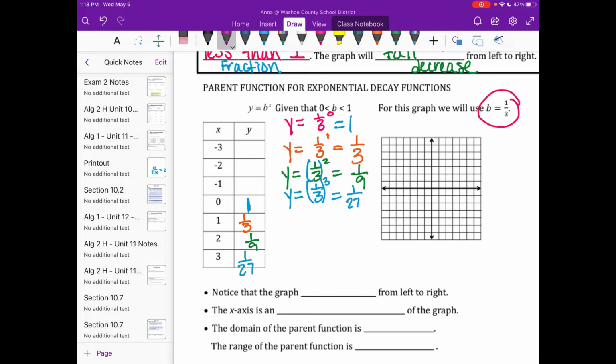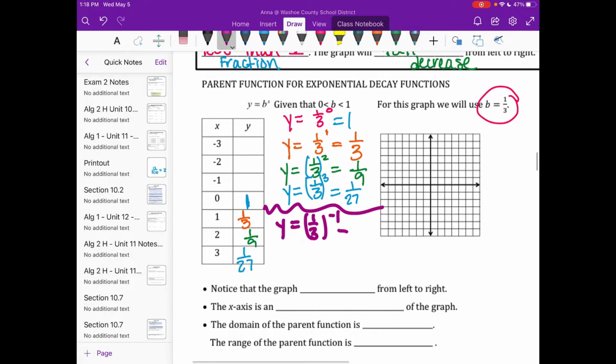All right, now, hopefully Mrs. Roby yesterday talked about when you have those negative exponents, you don't actually make negative numbers, you flip your number, right? You flip it. So let's talk about y equals 1/3 to the -1. It would stay the same, but we would flip it. So when we flip it, it's going to become 3/1.